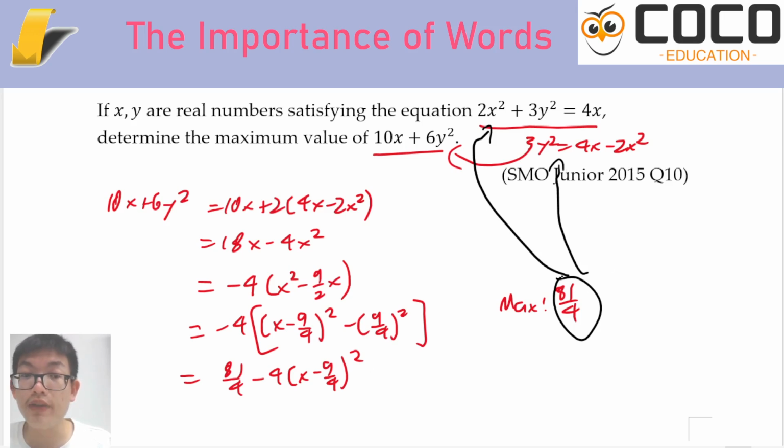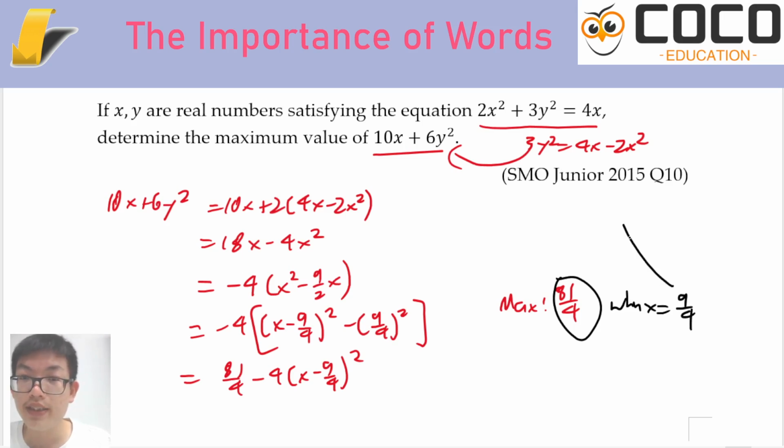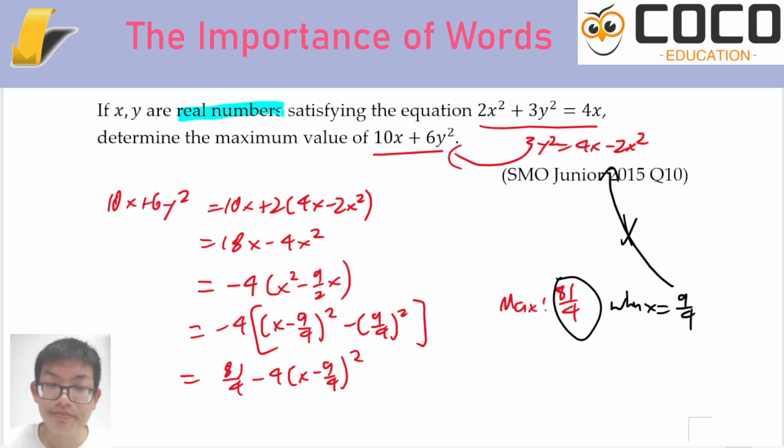And I don't mean put 81 over 4 in, I mean that this happens when x equals 9 over 4, and so if you try to put in that, it does not agree with that. "X and Y are real numbers" is not as redundant as you think it is.